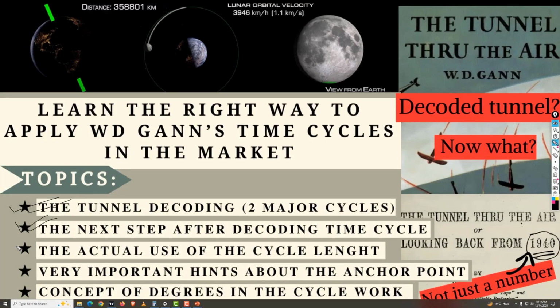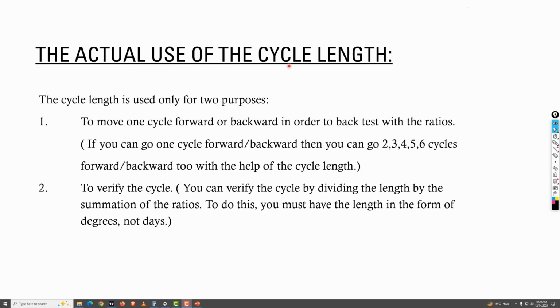Now let's move forward to our next topic, which is the actual use of the cycle length. The cycle length is used only for two purposes. Number one is to move one cycle forward or backward in order to backtest with the ratios, like I've shown you.